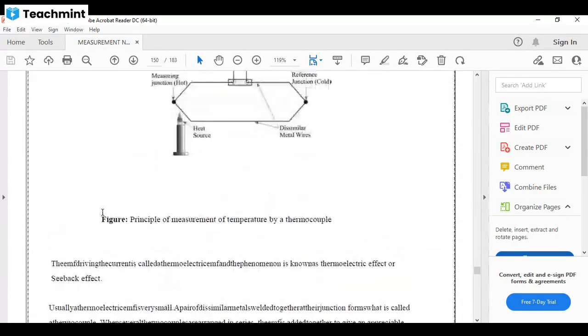This is the principle of measurement of temperature by thermocouples. The thermo EMF driving the current is called the thermoelectric effect. This phenomenon is known as the Seebeck effect or thermoelectric effect.